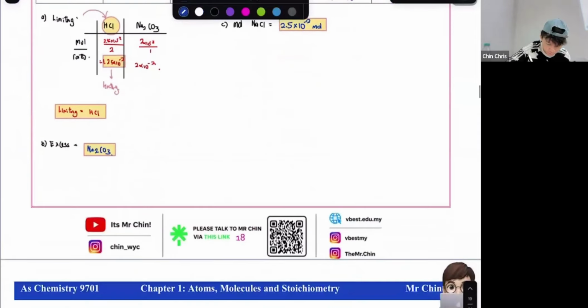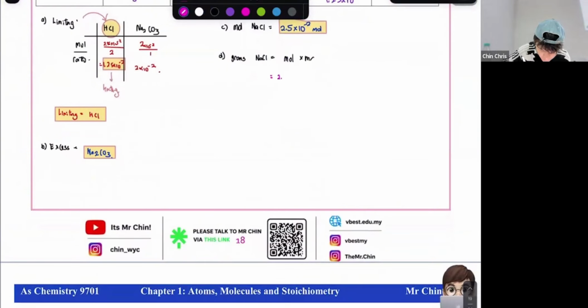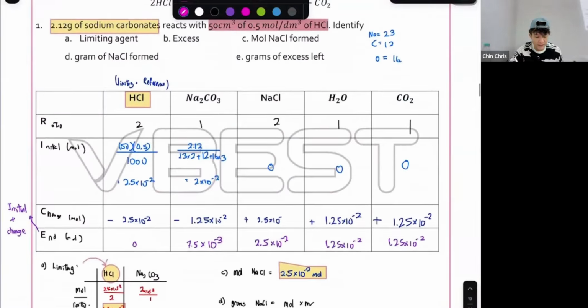Gram of NaCl formed. 1.46, is that right? Next, gram of excess left behind.